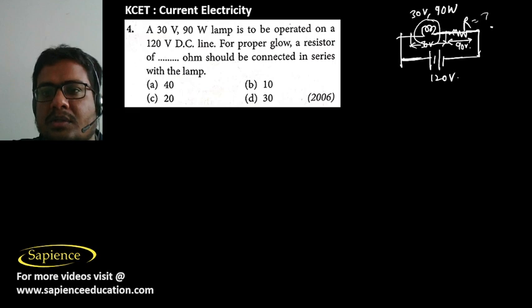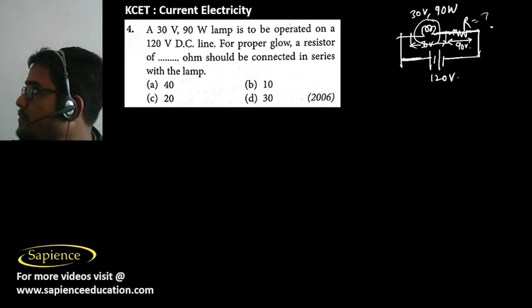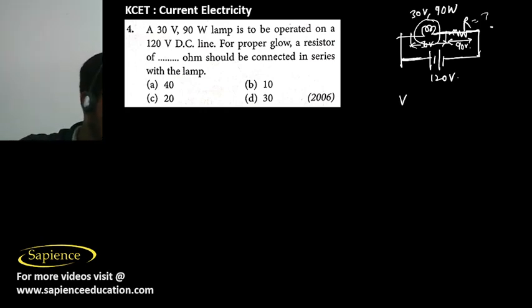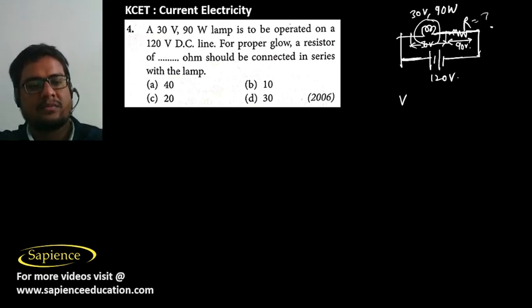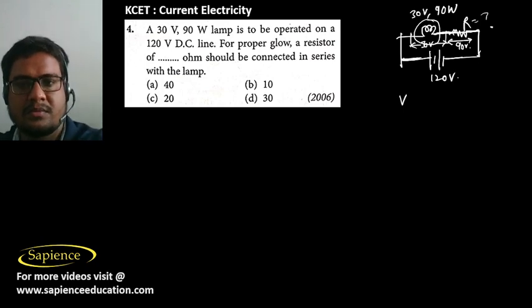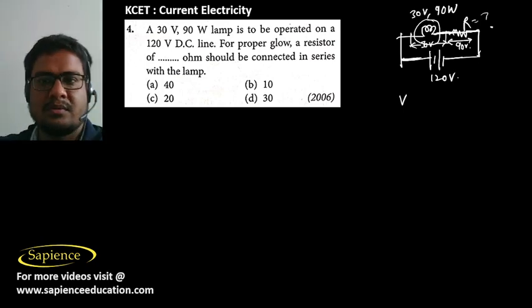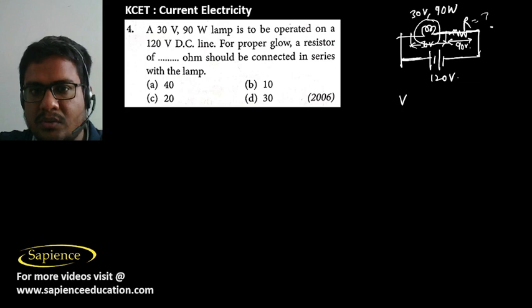Now how much current should flow? V is equal to IR.